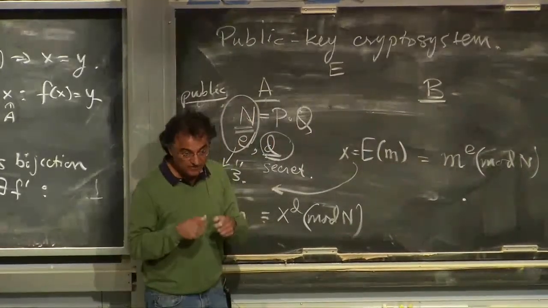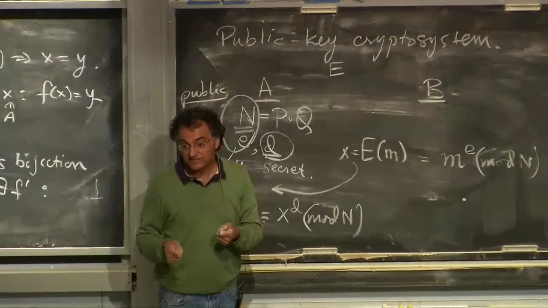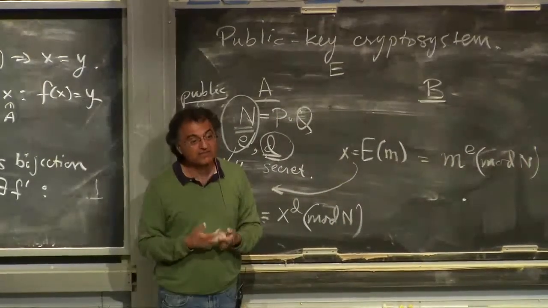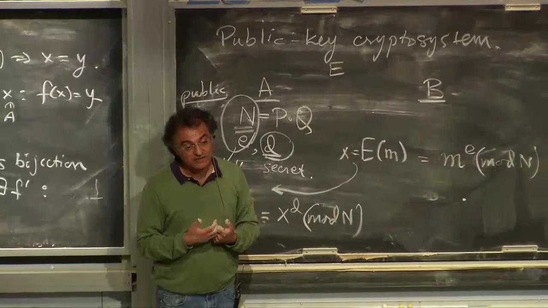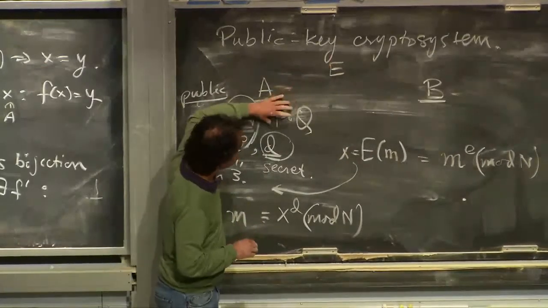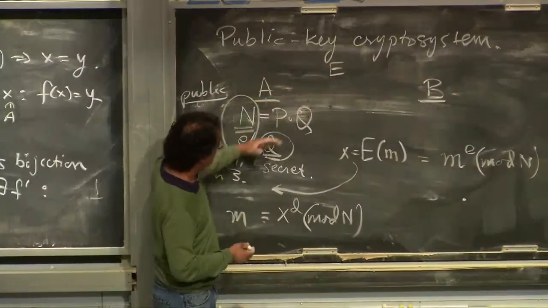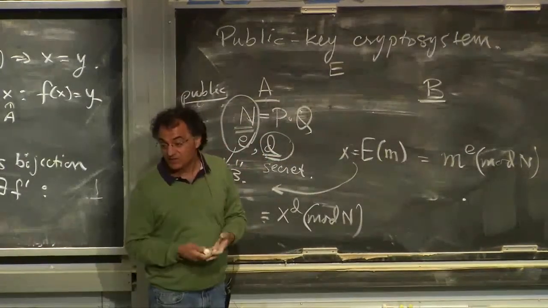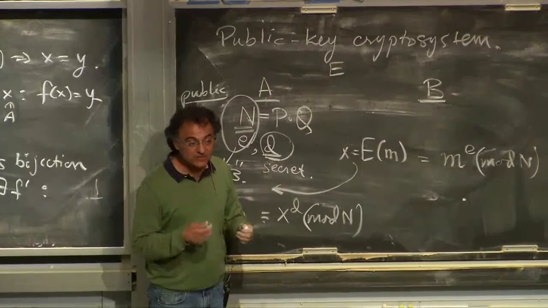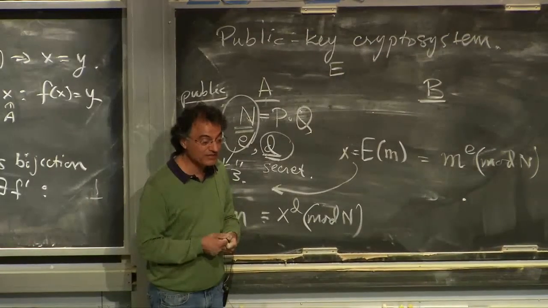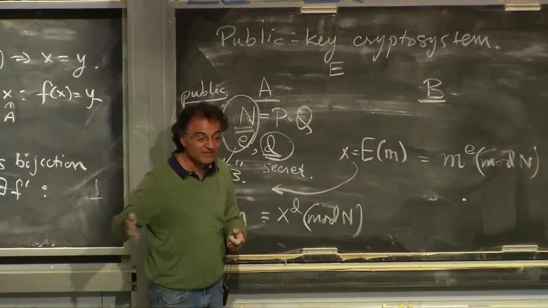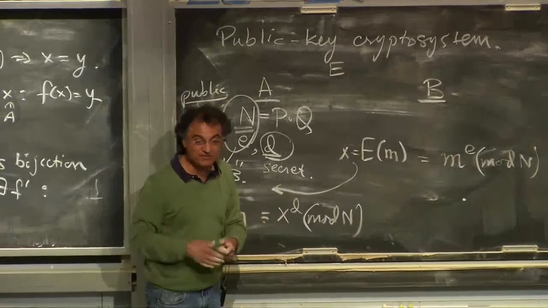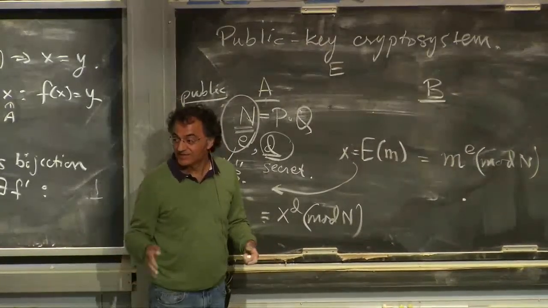It's just a matter of sitting down and factoring it. But on the other hand, computationally, it's very, very hard to factor. So even though Eve could, in principle, factor N and figure out P and Q, and then figure out D, and then compute M, in practice, she cannot. In practice, to do this would take her well beyond her lifetime, maybe even the lifetime of the Earth, maybe even the lifetime of the solar system.